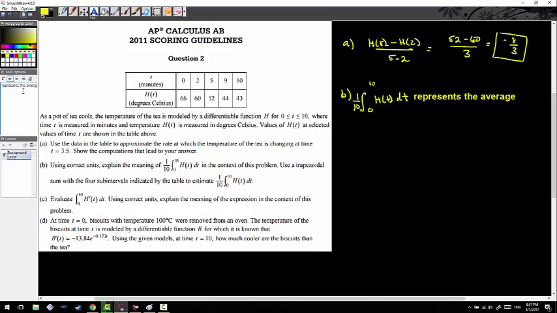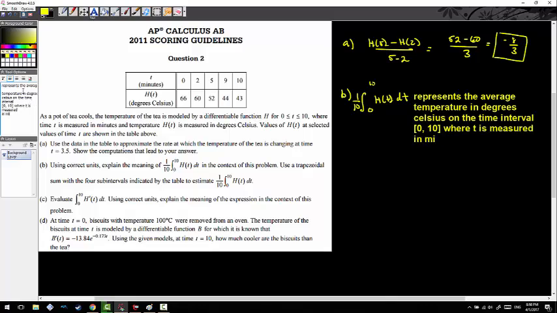the average temperature in degrees Celsius on the time interval 0 to 10, where t is measured in minutes.